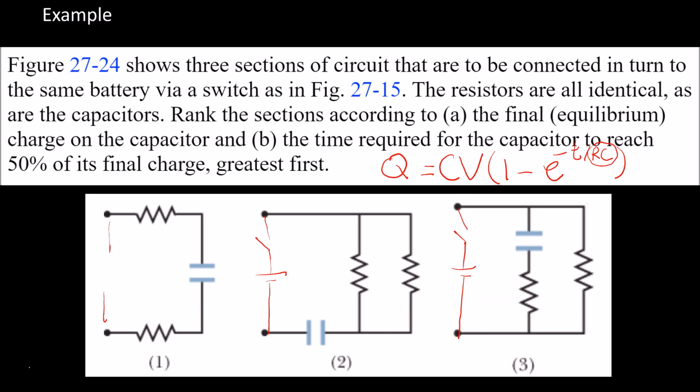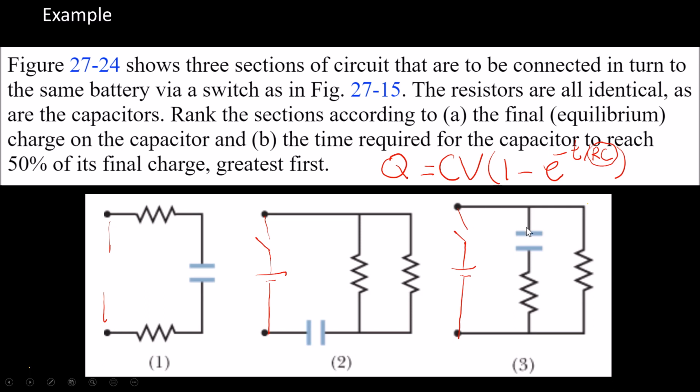And then what about the third one? Basically, the battery sets up a current in the resistor that is connected directly to the battery. That does not affect the RC part, right? This one is connected directly to the battery, so it has a current in it.